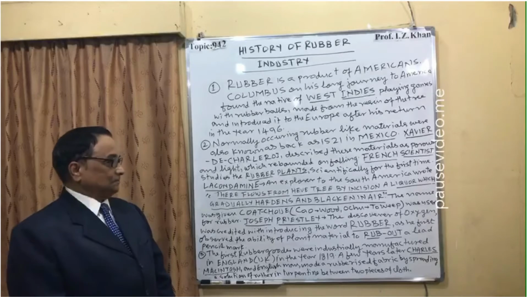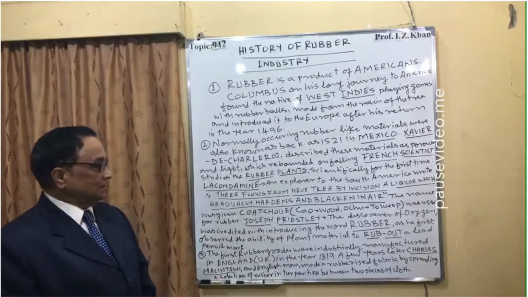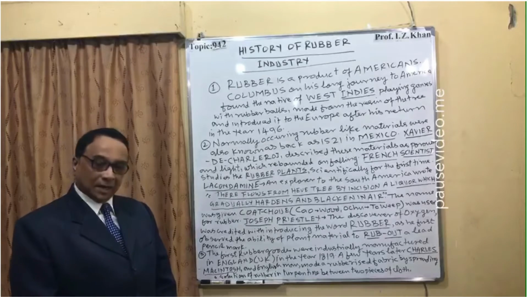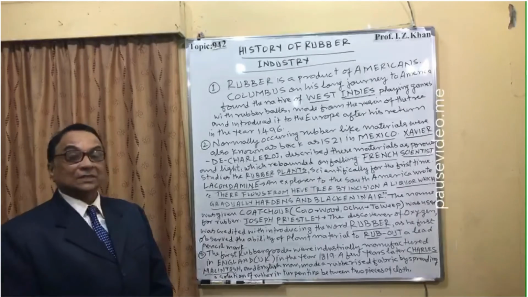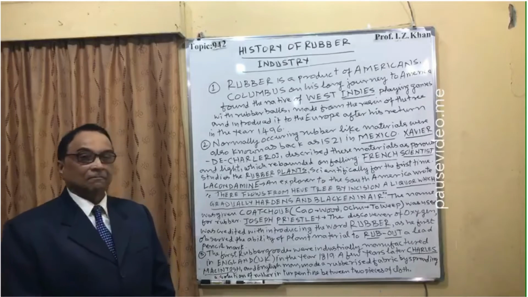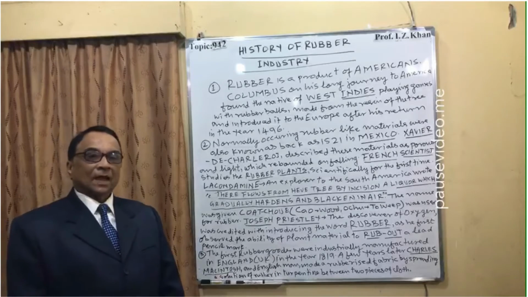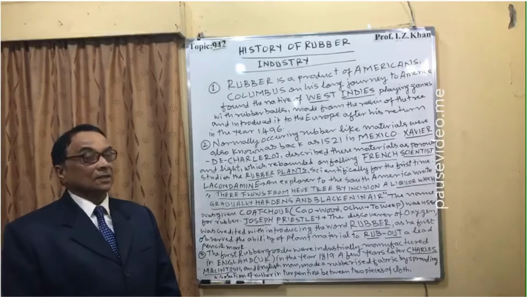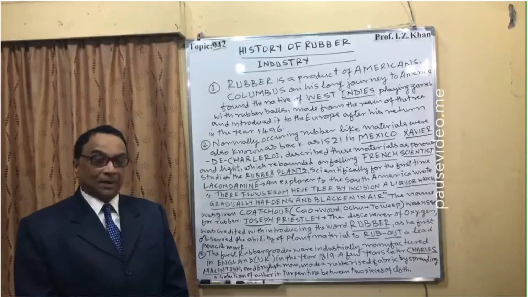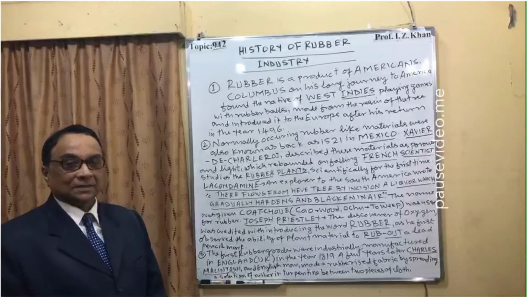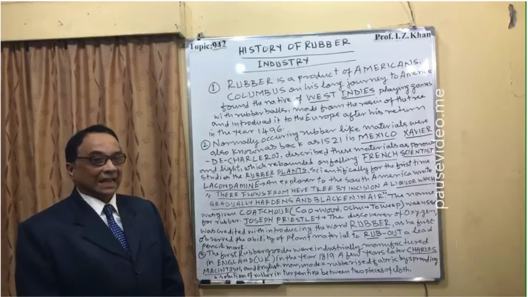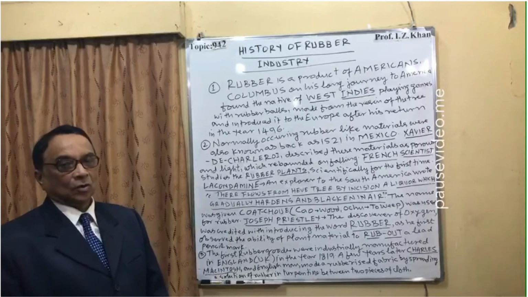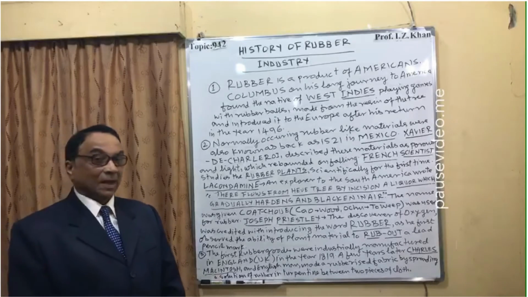Joseph Priestley, the discoverer of oxygen, was credited with introducing the word rubber. Priestley was a great scientist of his period. He discovered oxygen, and he was also working on rubber, this natural product, and he found the first property of rubber, that whatever pencil mark or writing there is, it can be removed, or rubbed out, by this material.